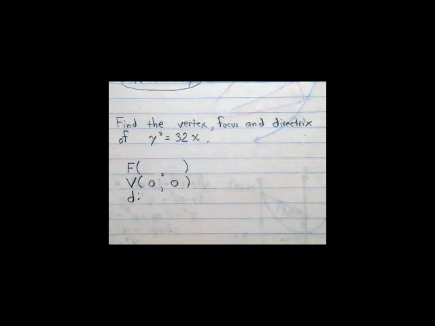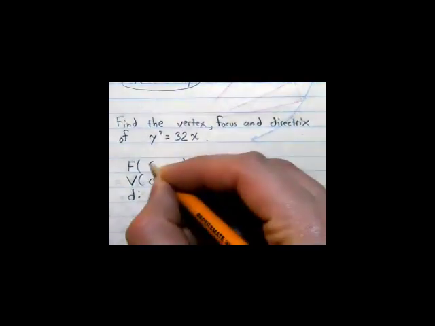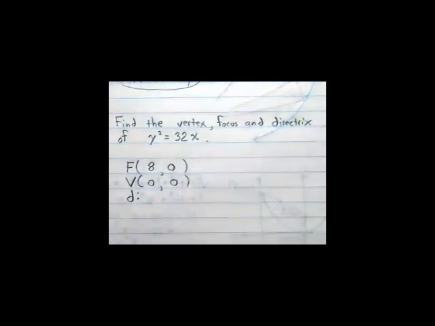Good, because it's 4p, so that means it had to be 8. Okay, so if it opens to the right, p is 8. What are the coordinates of the focus? 8, 0. Good. And then what is the equation of the directrix? X equals negative 8. Good.